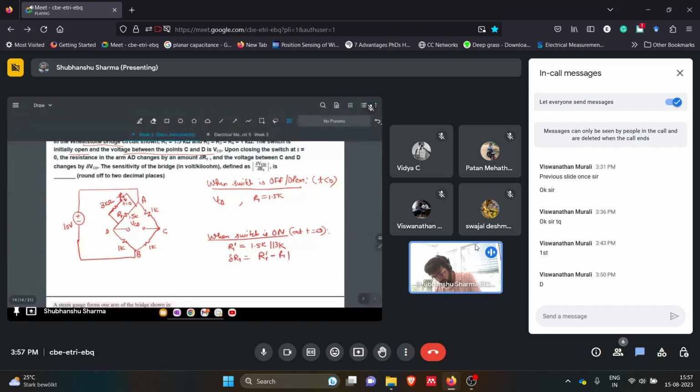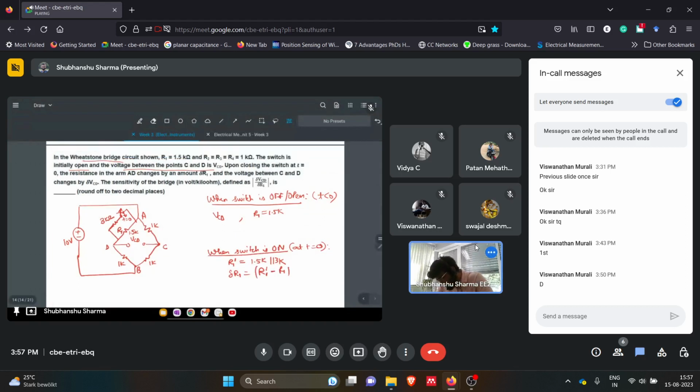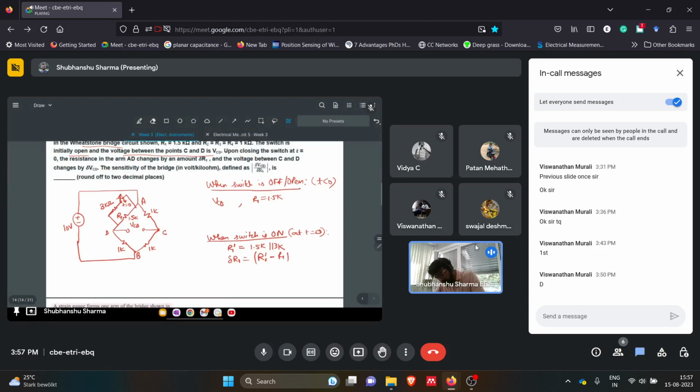We don't know which is the higher value. And the voltage between C and D changes by delta VCD. Initially it was VCD, now it has changed to VCD prime, so delta VCD is VCD prime minus VCD.